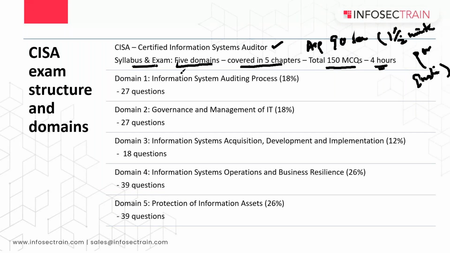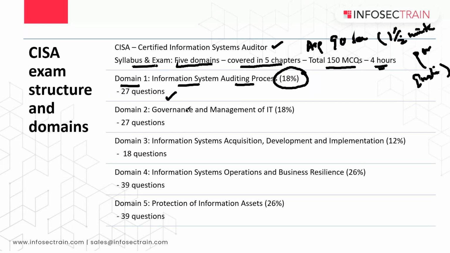Now the domains on which we have to gain knowledge and we will be assessed are domain 1, which is information system auditing process. It carries a weightage of 18% in the exam, which means 27 questions out of 150.